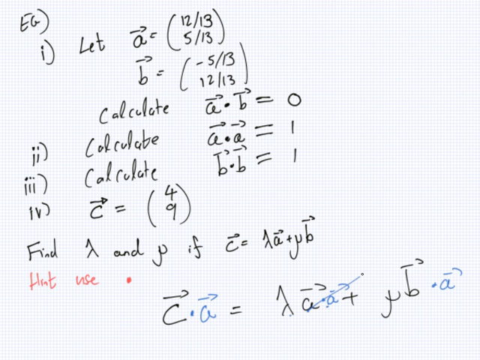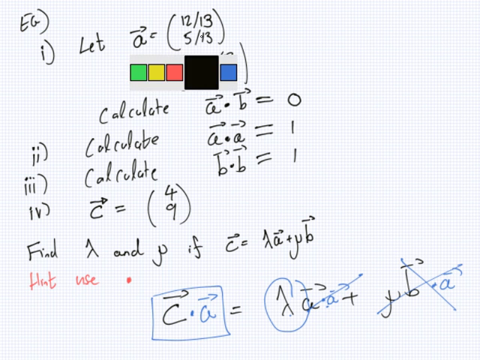Lambda. And what's B dot A, which is A dot B, which is 0. So what am I left with on the right? Lambda. So lambda is just C dot A. So just take the C and dot it with the A, and you have the lambda. Easy peasy.